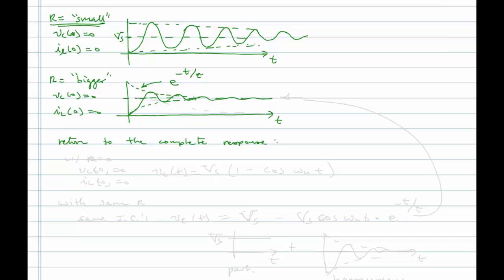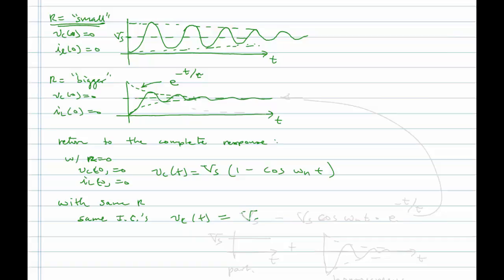Before, with no resistance, this is the case for VC of 0 equal to 0 and IL of 0 equal to 0. We had VC of t equal to Vs times 1 minus cosine omega n t. Now, with some resistance, same initial conditions, we could capture that exponential decay as follows.